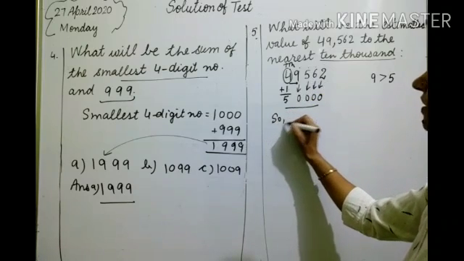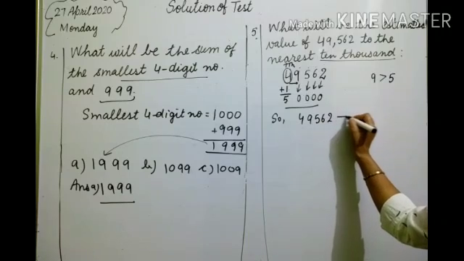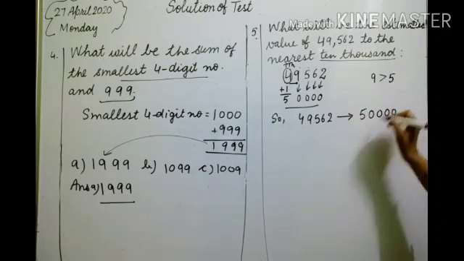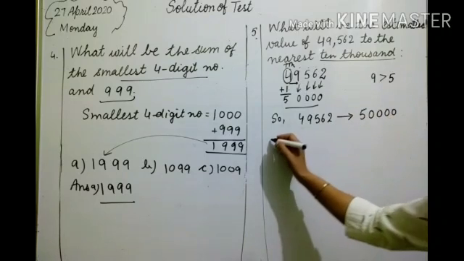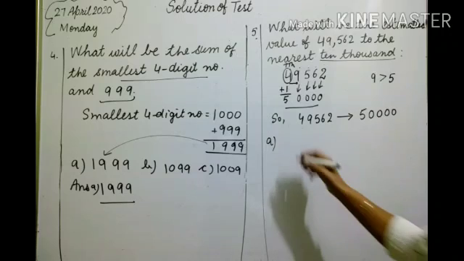So 49,562 will be rounded to 50,000 to the nearest 10,000. Now we will see our options.